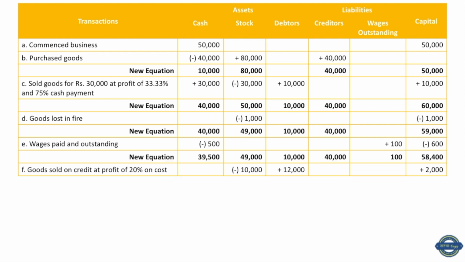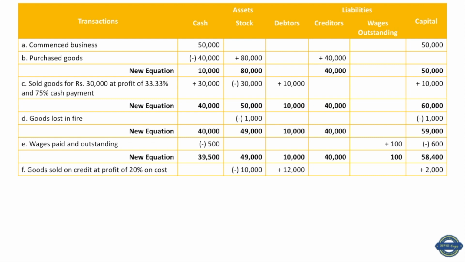Goods sold on credit at profit of 20% on cost. The goods were of rupees 10,000 and it was sold on profit of 20%. Since the goods were of 10,000, we will deduct stock rupees 10,000.